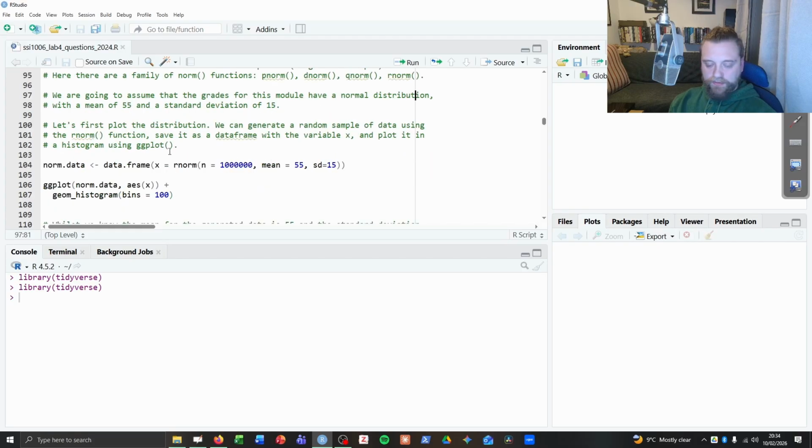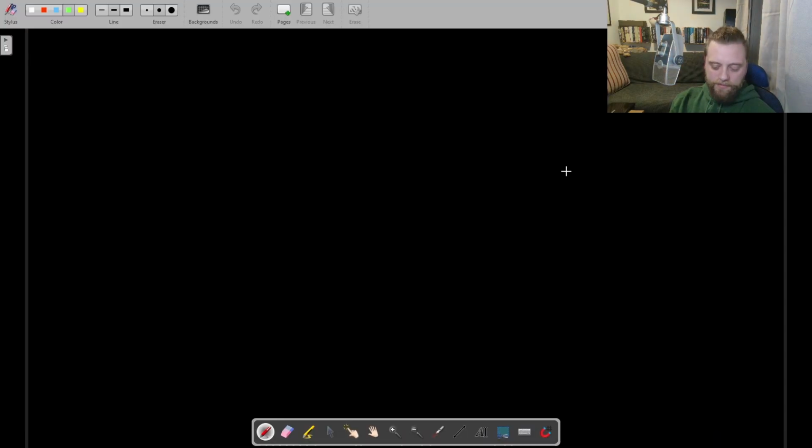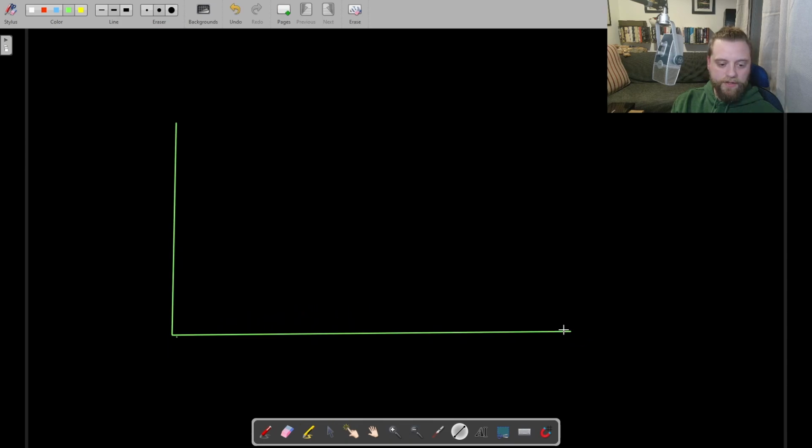Now, to understand what we're doing here, it's useful to think about first some of the properties of distributions. And these are the properties of normal distributions, but they're also the properties of distributions in general. So if we think about a distribution, and I'm going to draw a normal distribution here. So we have a few different things that we can calculate with regard to distributions.